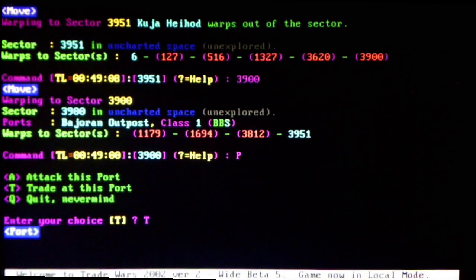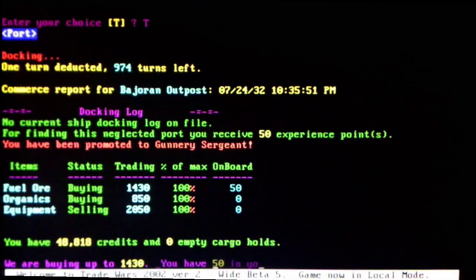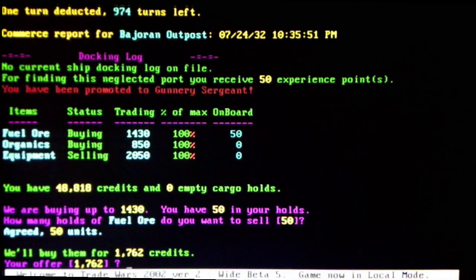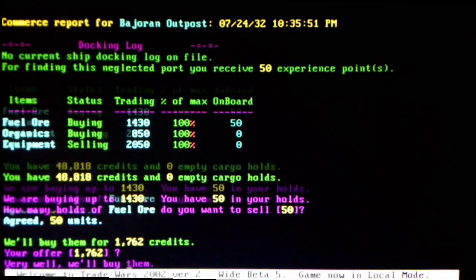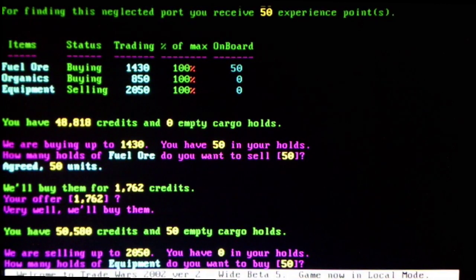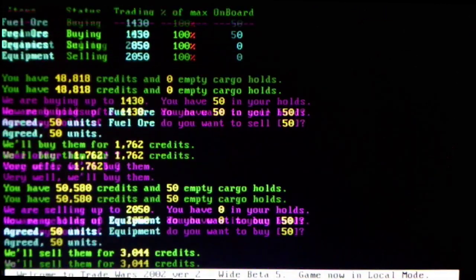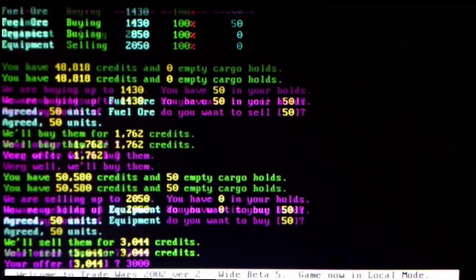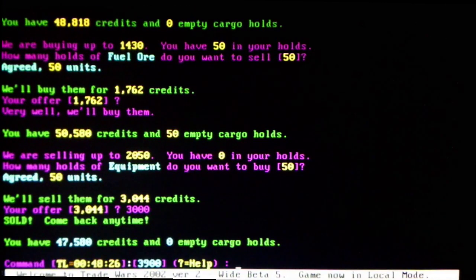We're going to trade. And they are buying, so we are selling. We made some money. They seem to be selling equipment pretty cheap. We're going to try and minorly undercut them. Okay, so now we have a bunch of equipment.